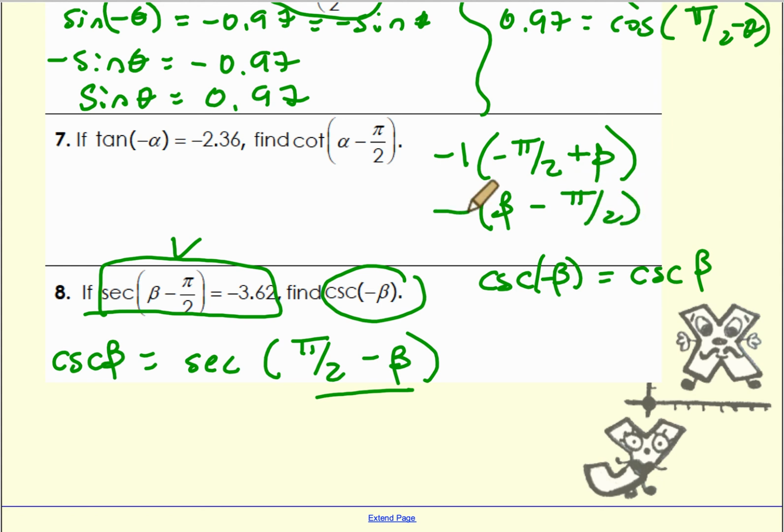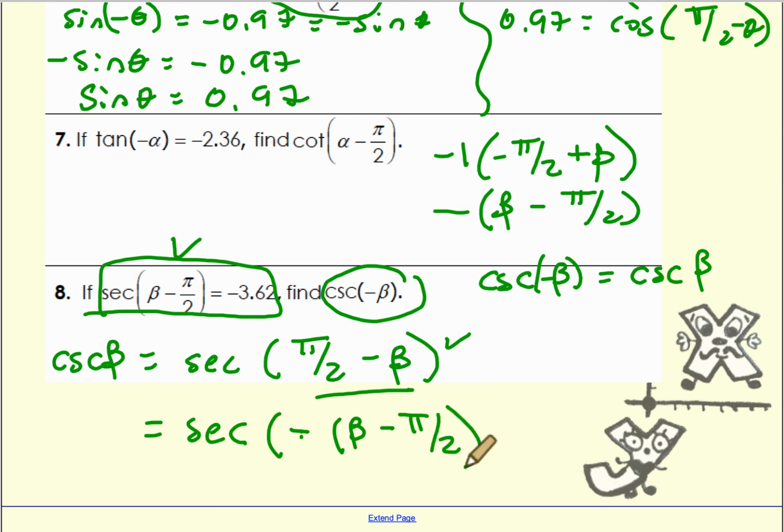Okay, so now what we have is this right here is the same as the secant of the opposite of beta minus pi over 2.